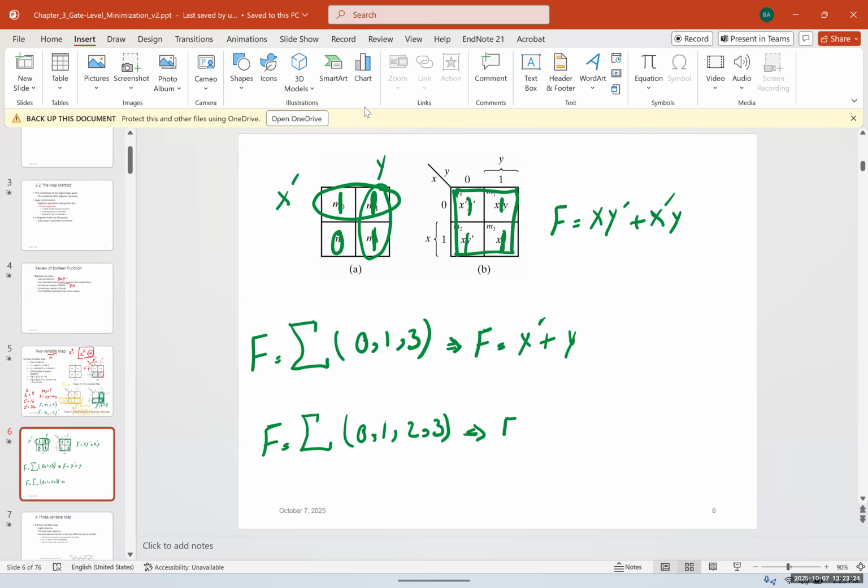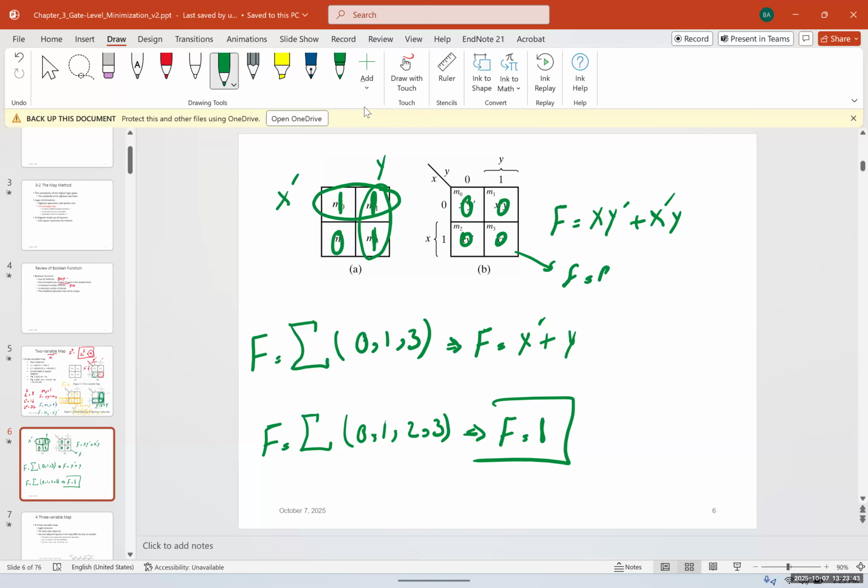And therefore, F would be equal to 1. Because everything is 1, so F is equal to 1. What if all 4 are 0? Then F would be equal to what? 0. It's not going to become 1 at all.